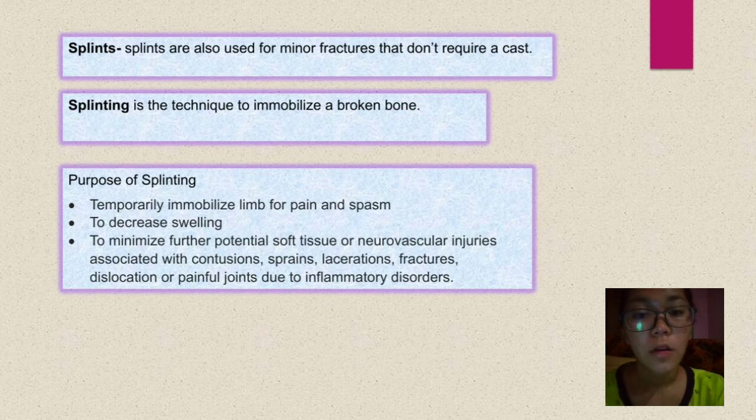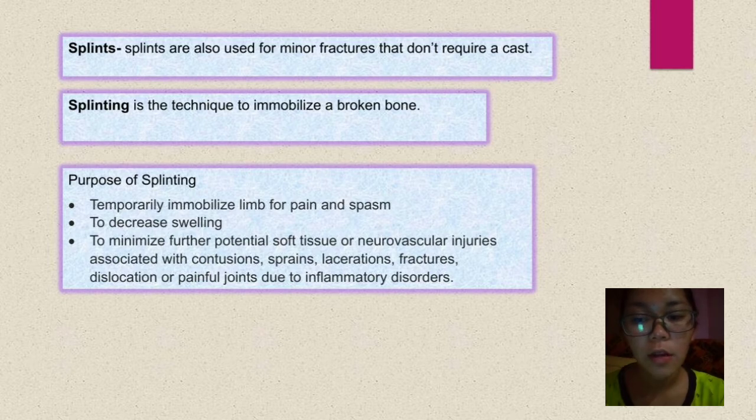So the purpose of splinting is to temporarily immobilize the limb for pain and spasm. Second, to decrease swelling.